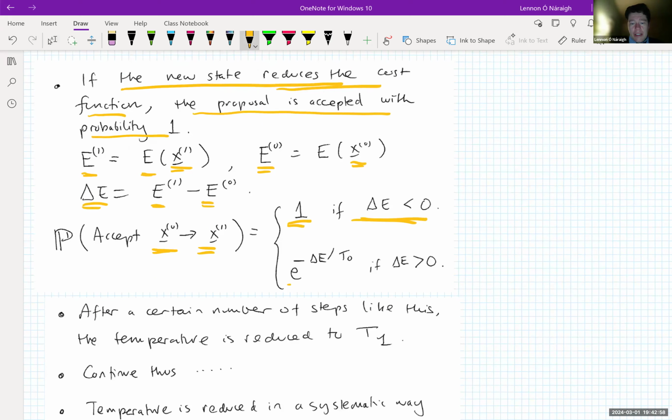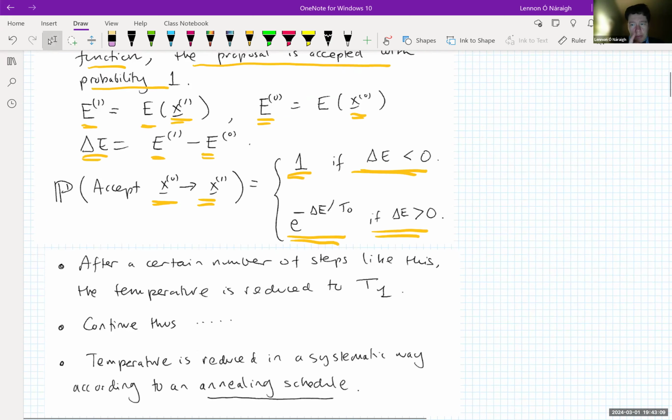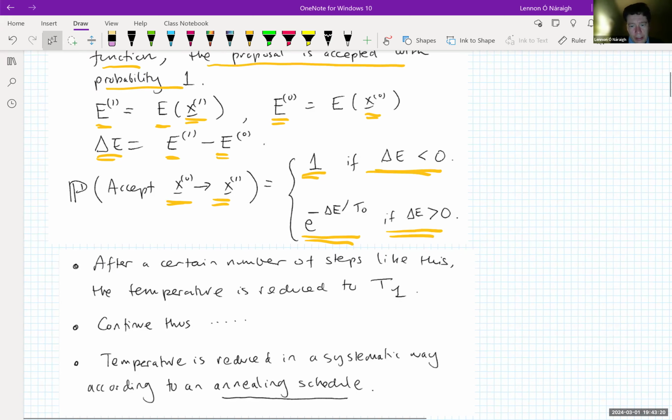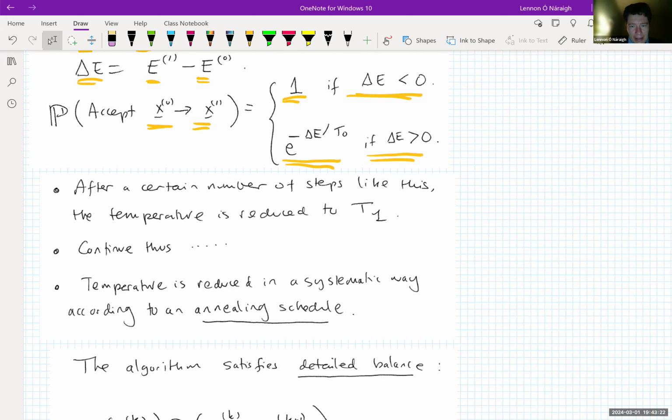And here's the key thing about simulated annealing. If the proposal increases the energy, we accept it every now and then with this probability here. We generate a sequence of guesses or states like this, and this corresponds to a system being cooled, as we'll see in a minute.